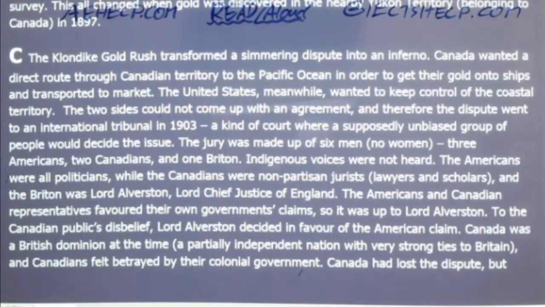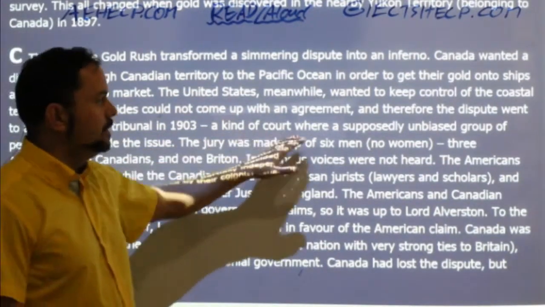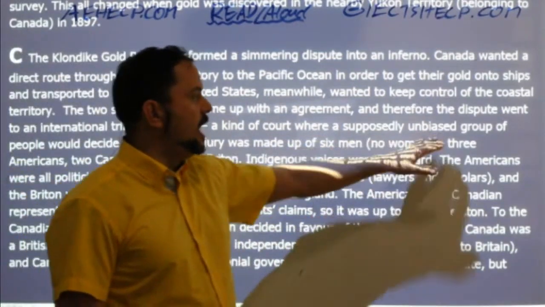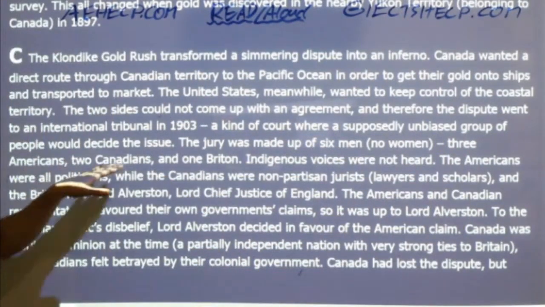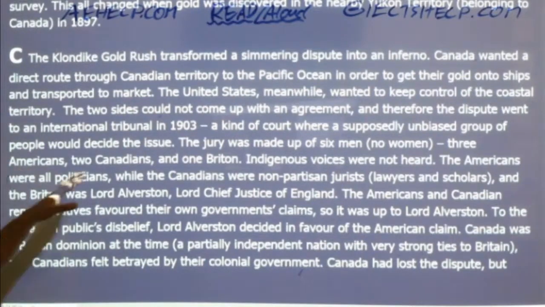Okay, so International Tribunal in 1903, a kind of court where a supposedly unbiased group of people would decide the issue. The jury was made up of 6 men, no women, 3 Americans, 2 Canadians, and 1 Briton.